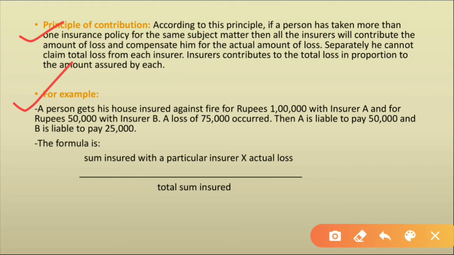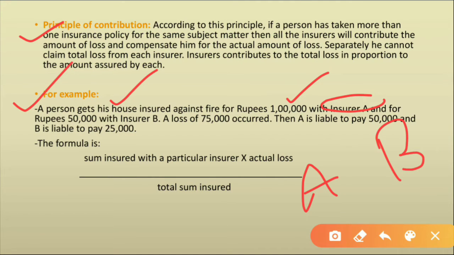A person gets his house insured against fire. Suppose a person has taken a fire insurance policy for his house for rupees 1 lakh with insurer A, and he has also taken a fire insurance policy from another company, B. So from A he has taken a fire insurance policy of 1 lakh, and from insurance company B, he has taken an insurance policy of 50,000.